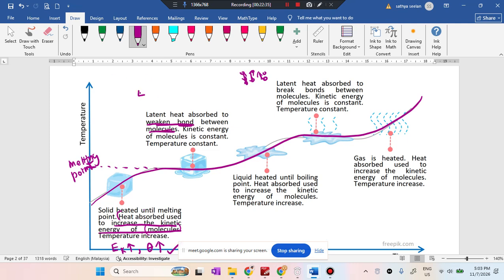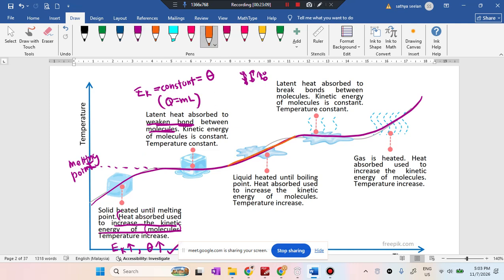That means your kinetic energy doesn't receive any, dia tak berubah. Okay, constant. Your kinetic energy constant, so do your theta. Betul tak? Your temperature will be constant here. Once your temperature constant, gunakan Q equal to ml dekat sini. Macam tu. Okay, simple je subtopik ni.